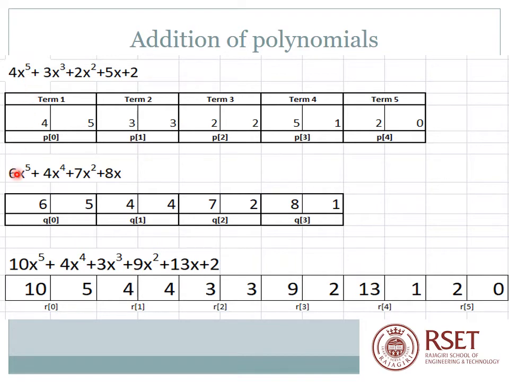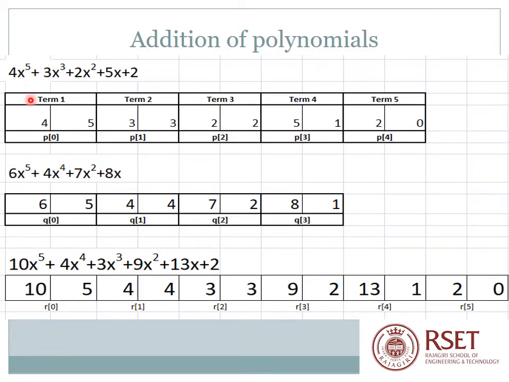If the exponents match, then you add the coefficient. So in this case, the exponents match. So you add 4 and 6 and you get the coefficient as 10 and you copy the exponent to the resultant array. So you need a third array to store the result.